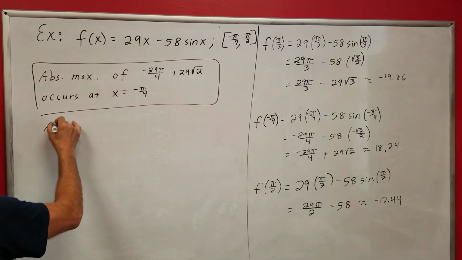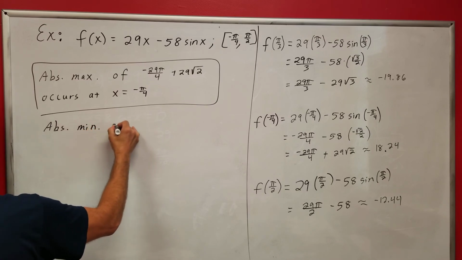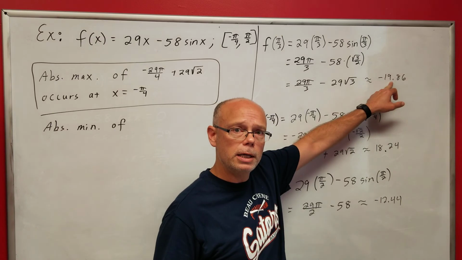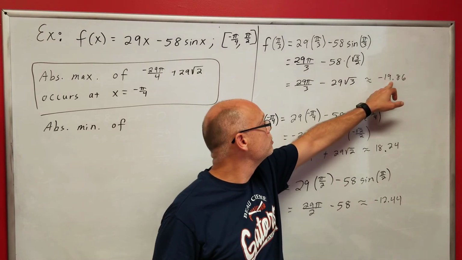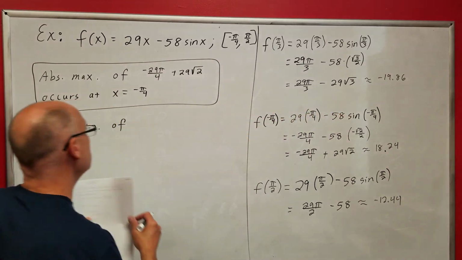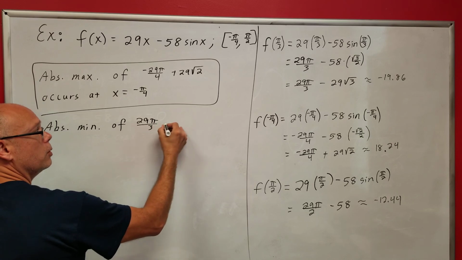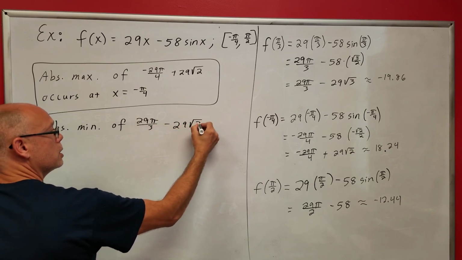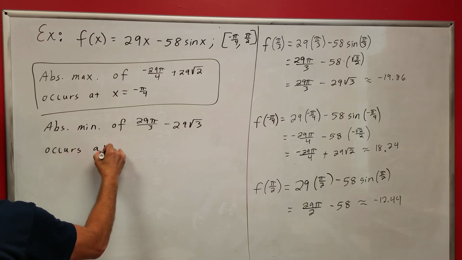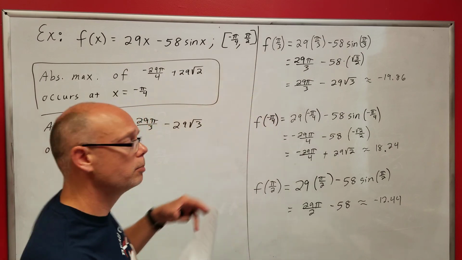How about my absolute min? I have an absolute min of what? I would say this negative 19.86 is the least output. But its exact value is this right here. So I have an absolute min of 29 pi over 3 minus 29 square roots of 3. And it occurs at the x value or the input value of pi over 3.